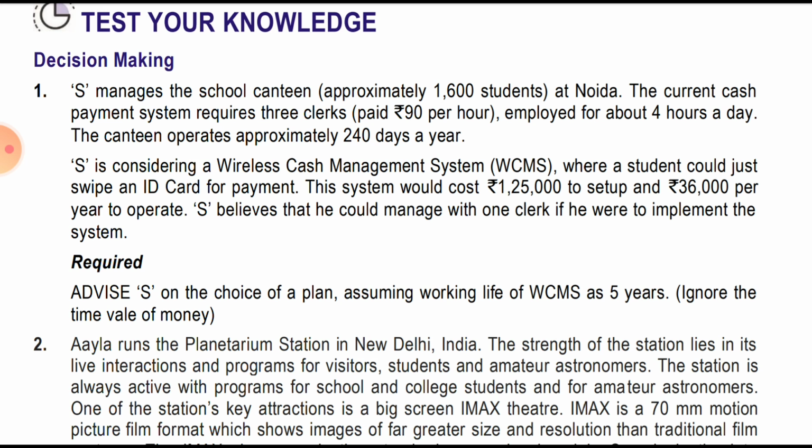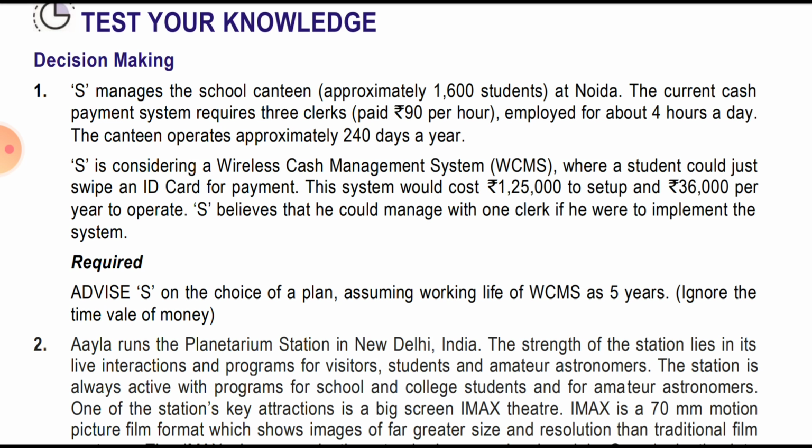Then S canteen is considering a wireless cash management system, WCMS, where the student could just swipe an ID card for the payment. This system would cost 1,25,000 to set up and 36,000 per year to operate. S believes that he could manage with one clerk if he were to implement this system.